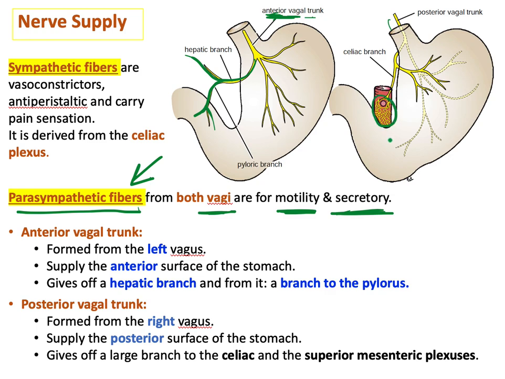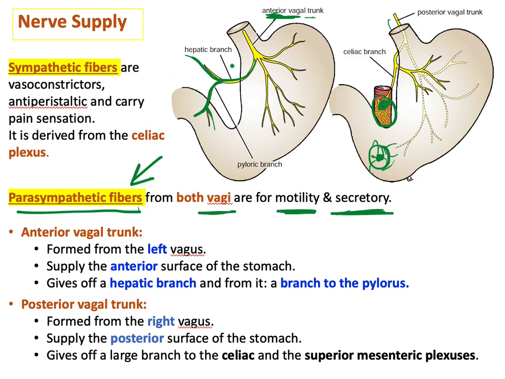Here you see this plexus, and below it there is another plexus for the superior mesenteric artery. Wherever there is an artery, there is a plexus around it. Here is the celiac artery, celiac plexus, superior mesenteric artery, superior mesenteric plexus. That was about parasympathetic fibers carried by the vagus nerves, anterior vagal trunk and posterior vagal trunk.